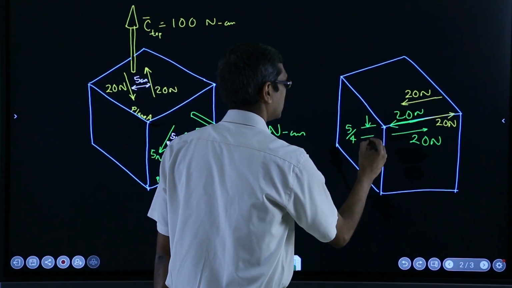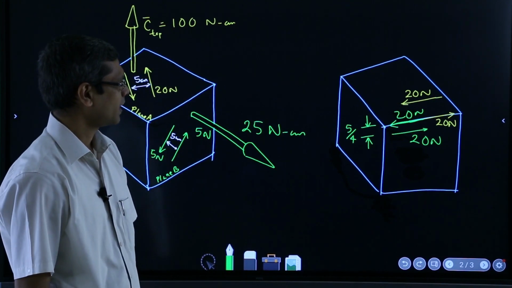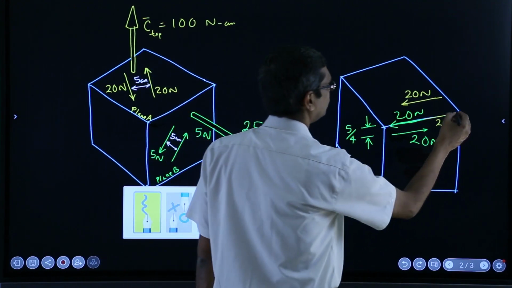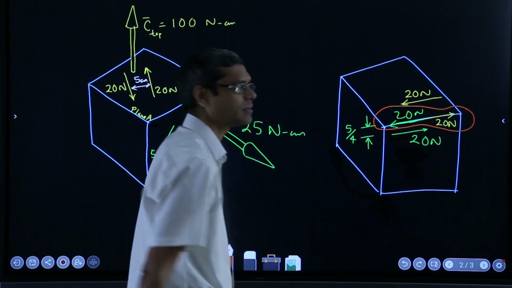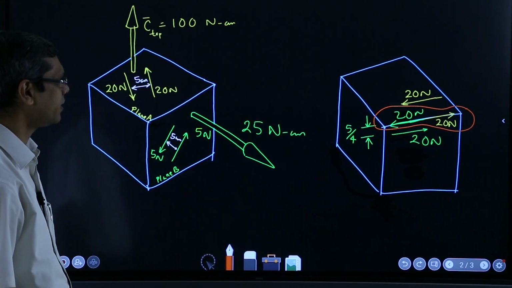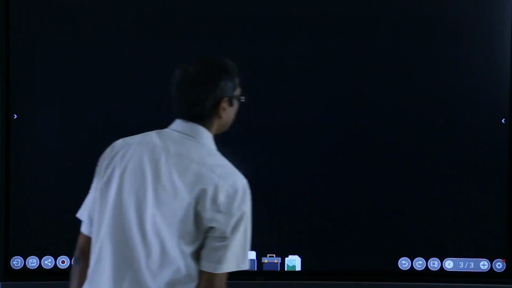So this distance has now become 5 by 4 centimeters. Then what you can observe is these two forces which are sitting over here will just cancel each other out, and then what you will remain with is something like this.